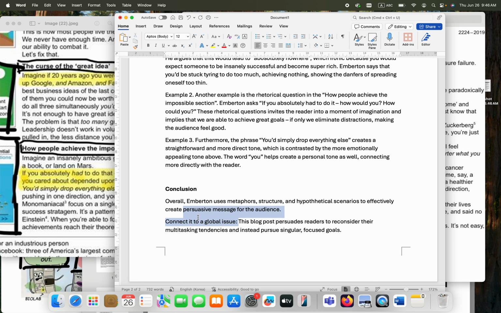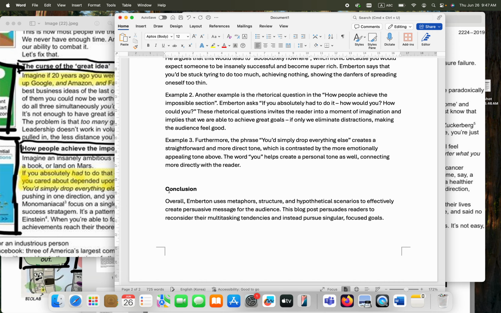There we go. That's it. It doesn't have to be a global issue, but just connecting it to a real life example, right? So let's see.